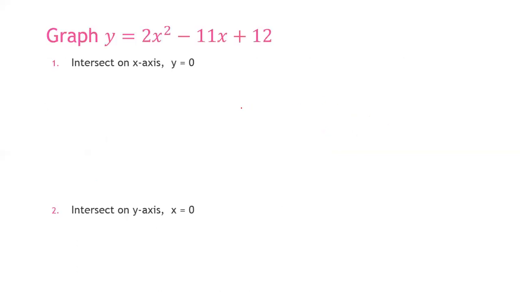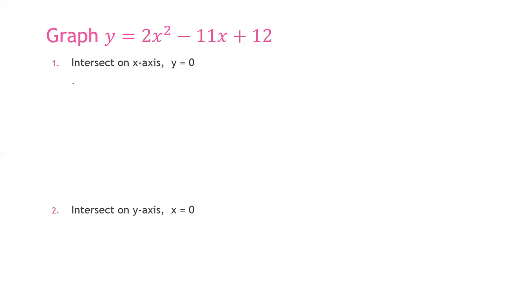Right, and the next step, we need to find the intersection between this function and the x-axis. To find the intersection between this function and the x-axis, we assume that y equals 0.